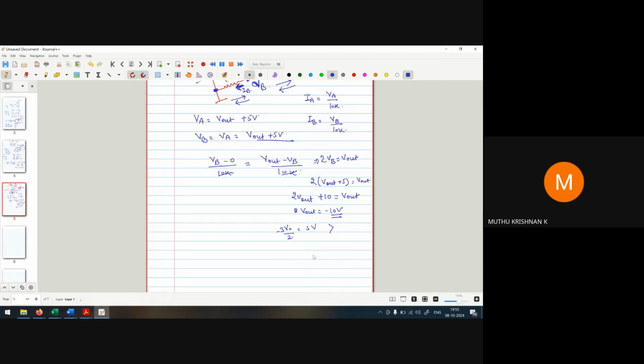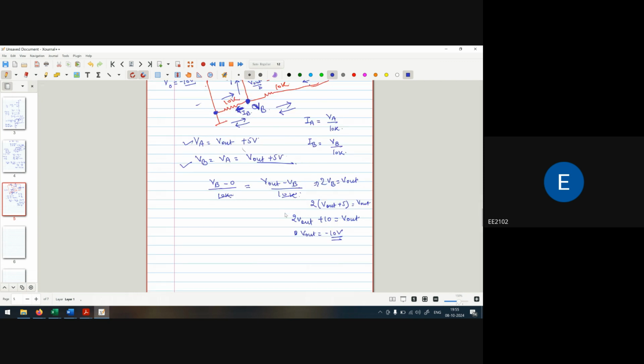This value doesn't depend on whether the op amp is in plus-minus or minus-plus configuration. Absolutely. This is not dependent on any of the values. Either way we are getting V and VB, both the same.